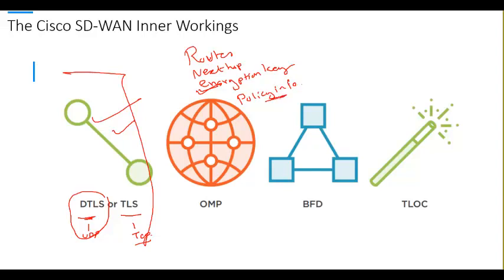The policy information, when I say the policy information, that needs to establish the tunnel, the policy that defines the overlay topology, overlay network. So these are the informations that we can see the OMP carries.